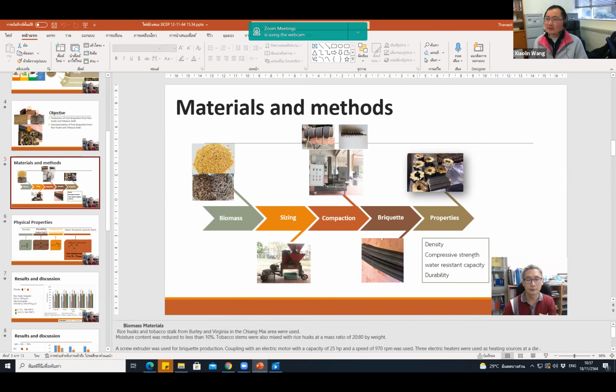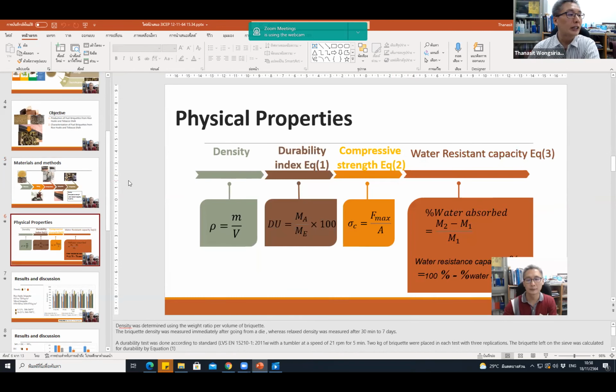Okay. Another question: you studied the density and some other parameters, so how about the energy density? This is more important to me. What is the energy density? We already calculated the energy density, but we did not include it in this paper.